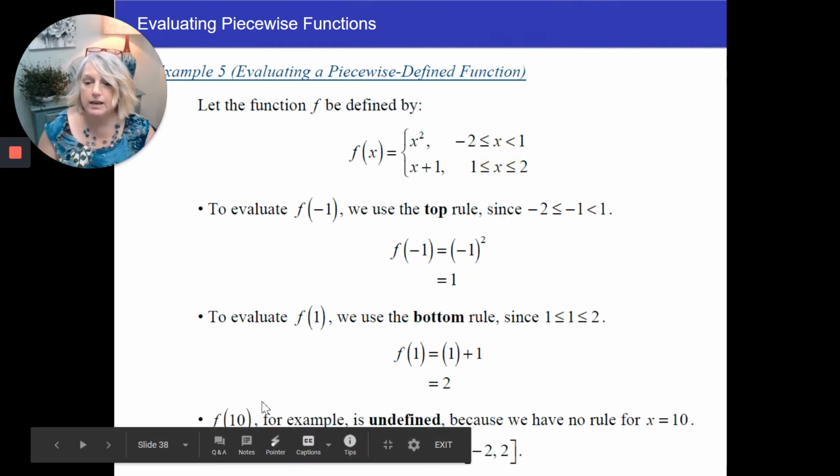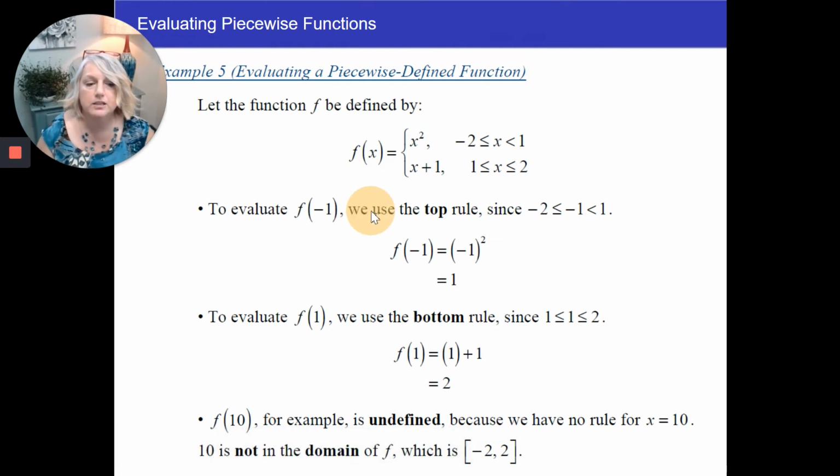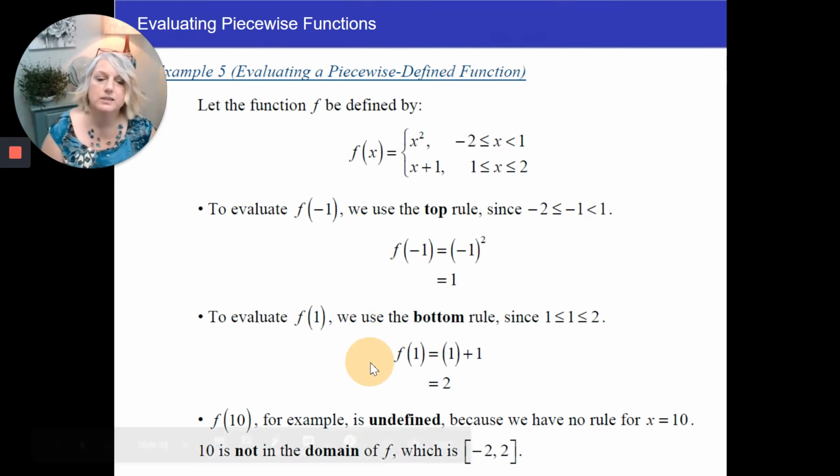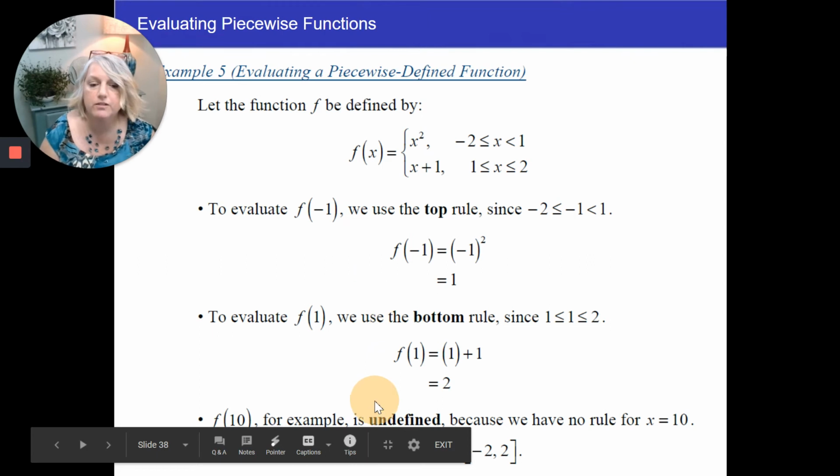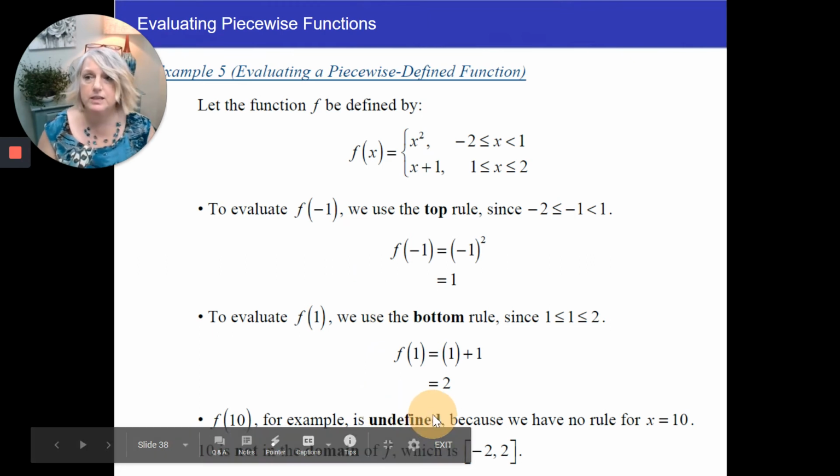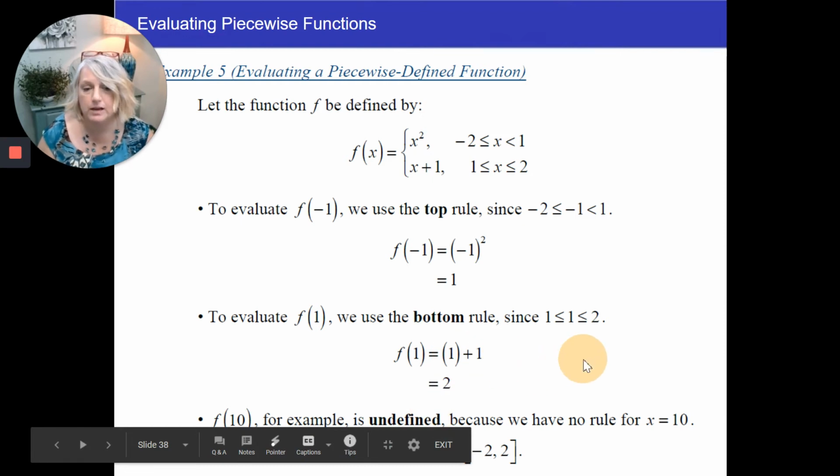Now f of 10, for example, is going to be undefined because there's no rule for x equal to 10. In other words, plugging 10 in is not allowed because the function does not have an output for 10. So we would say that f of 10 is undefined. You may also say f of 10 is DNE, does not exist, and that would be appropriate as well.